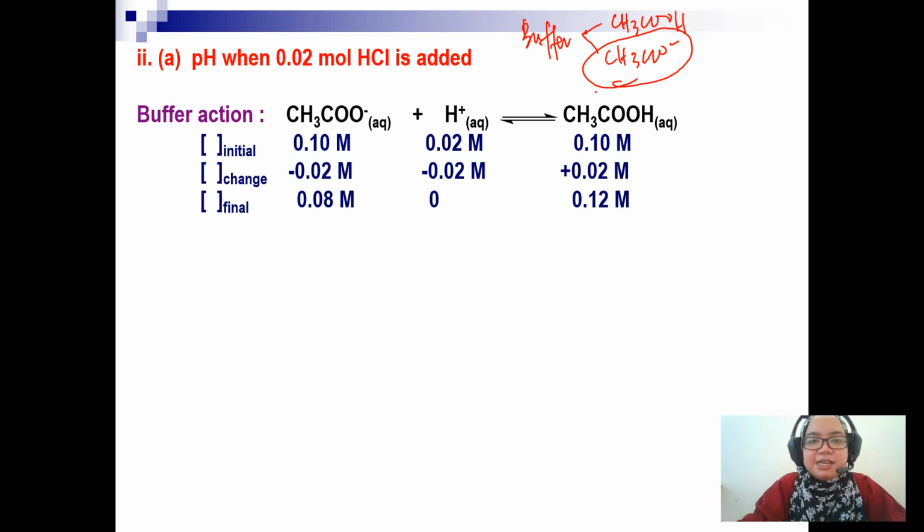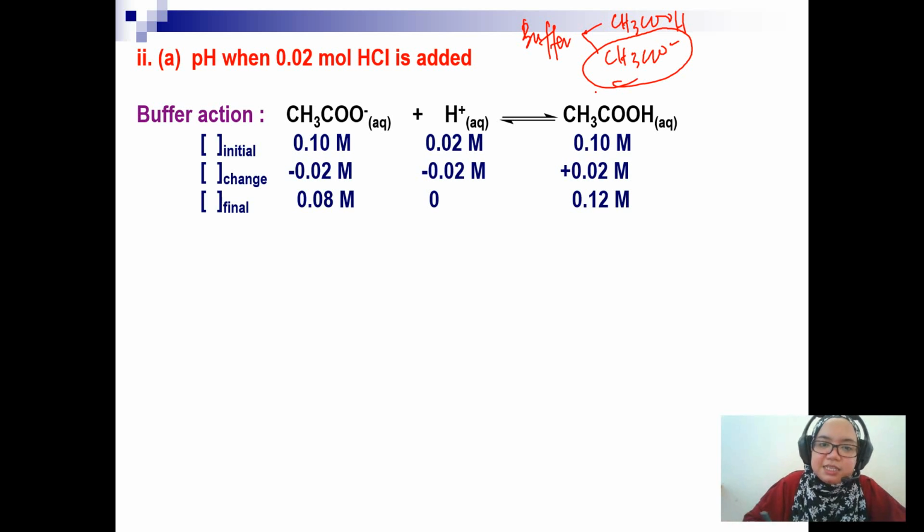But here, since it has told us the assumption that volume does not change if you add the HCl, you can use the ICF table in concentration or molarity format.